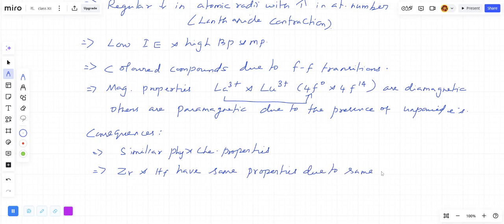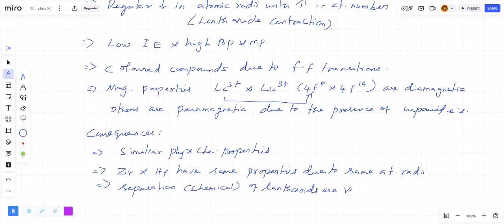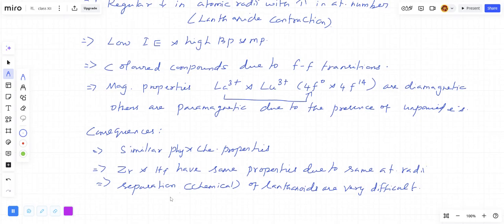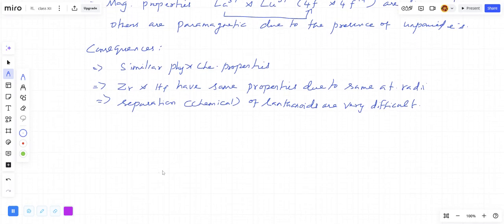Because of that, even chemical separation of lanthanoids is very difficult. So these are the consequences of lanthanoid contraction.